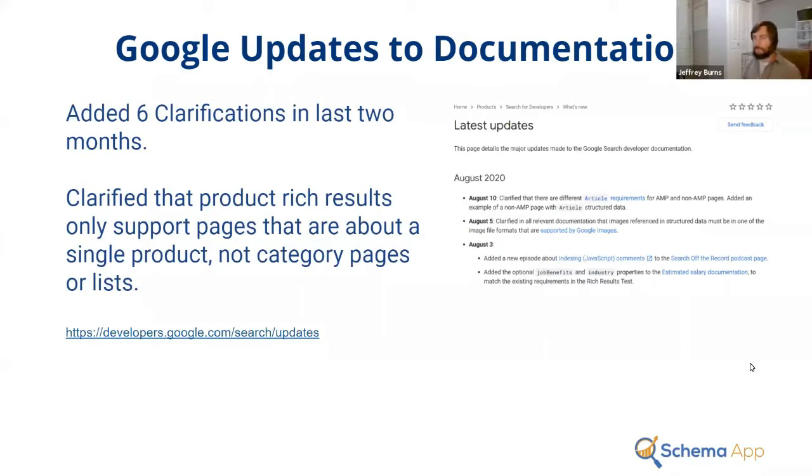Yeah, so you're only going to achieve the product rich result on a page that's about a single product or product type. So on your catalog pages where there's multiple products in a list, you're not getting the product rich result there. There's other strategies you might want to implement for those types of pages, different rich results you might want to look for, but for just the product, it's a single details page.